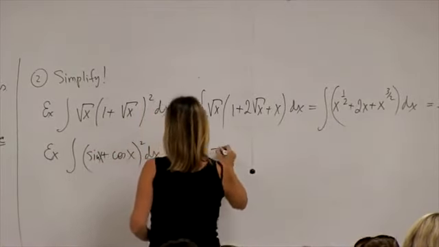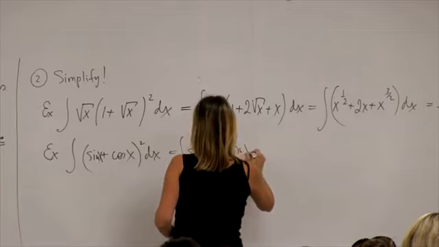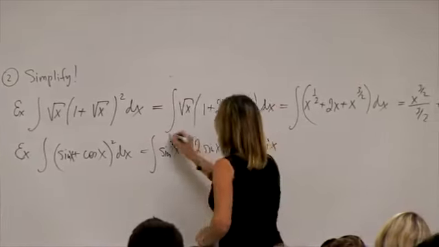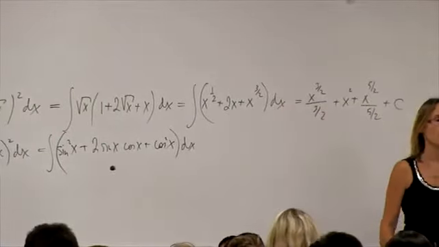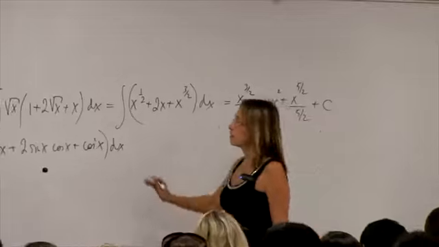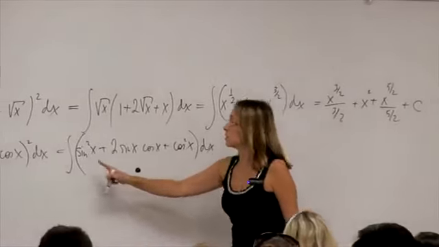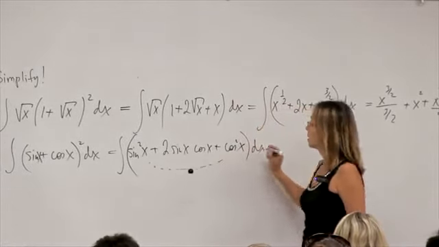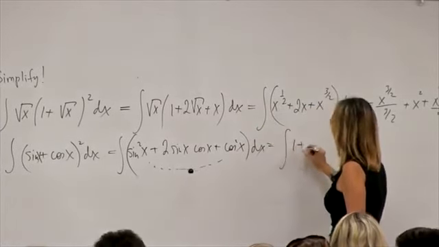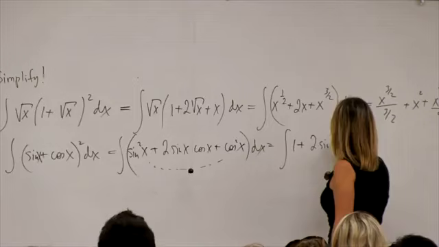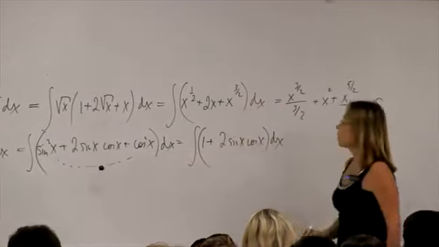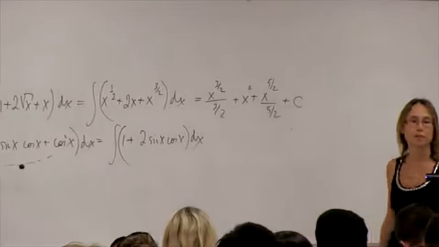So it's sine squared x plus 2 sine x cos x plus cos squared x. Can I simplify further? Yes, by using one of the simplest identities. Sine squared x plus cos squared x gives me 1.